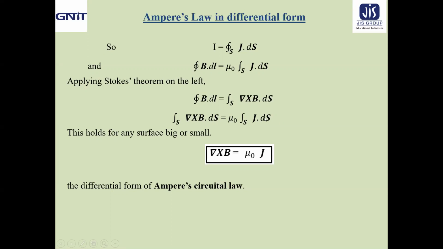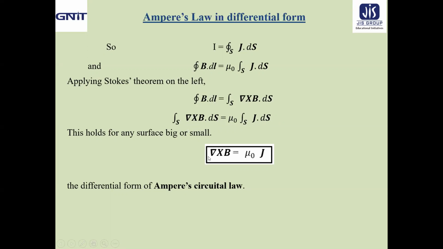and both sides are now expressed in terms of surface integration, and it will hold for any surface, big or small. So the integrands must be equal on both sides.